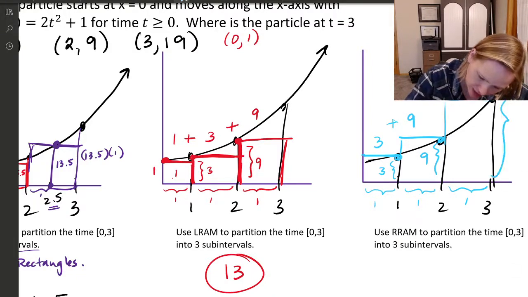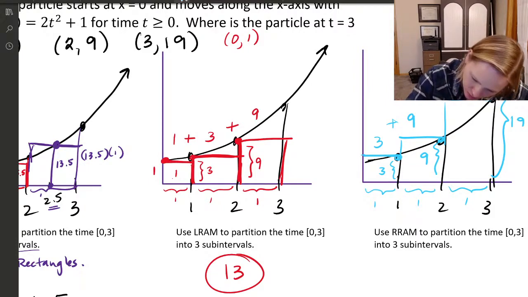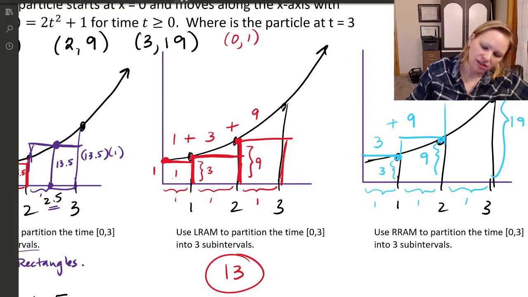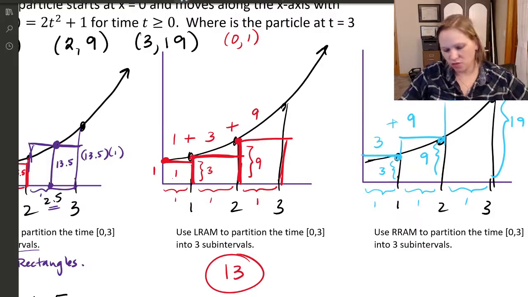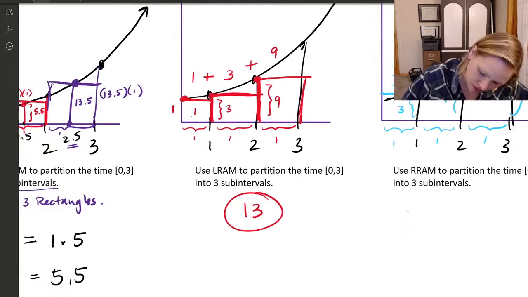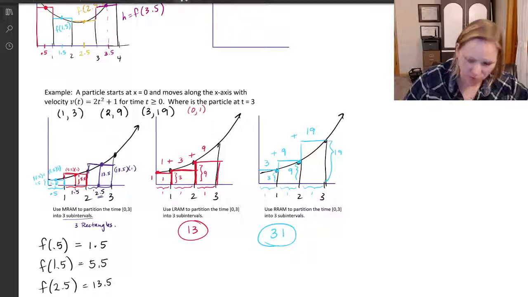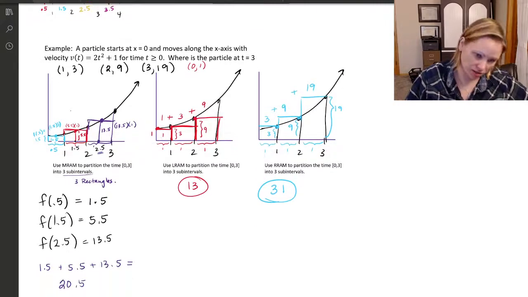And then last but not least, this one has a height of 19. 19 times 1 is 19. So 19 plus 12 is 31, way more than 20.5. So what a difference between the 3 approximation methods when we really sit down and look at them.